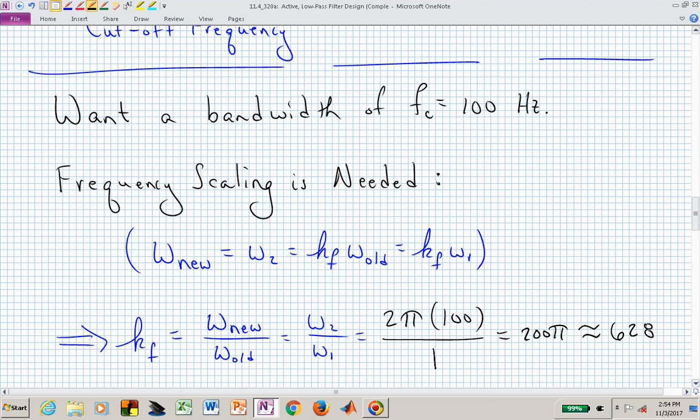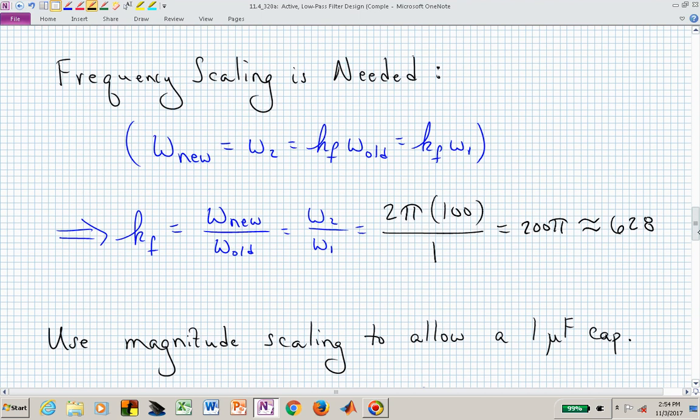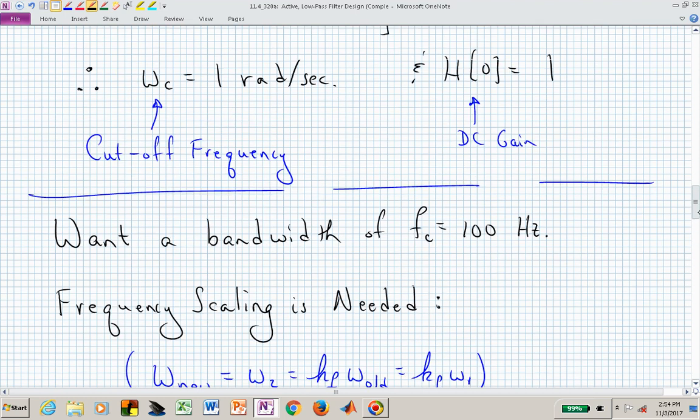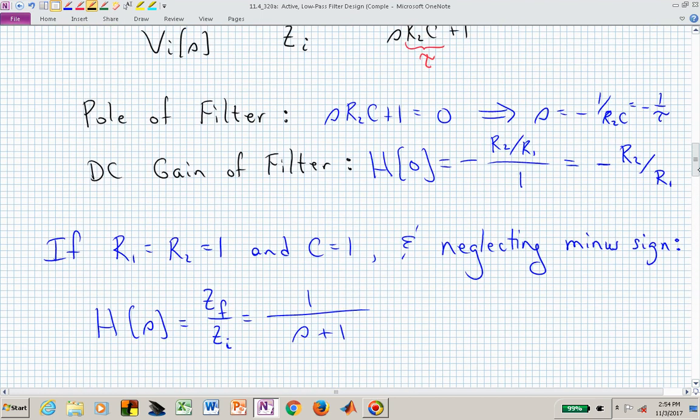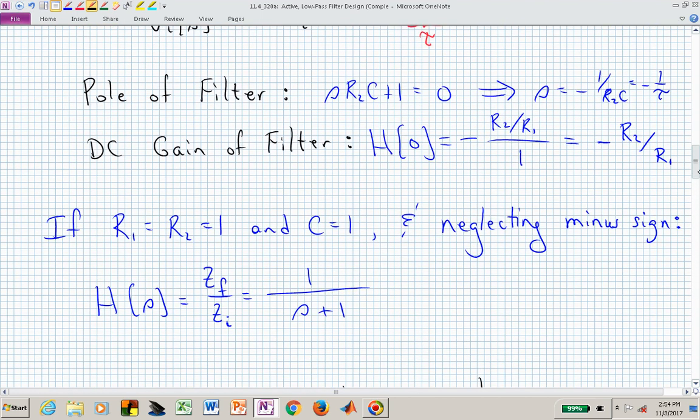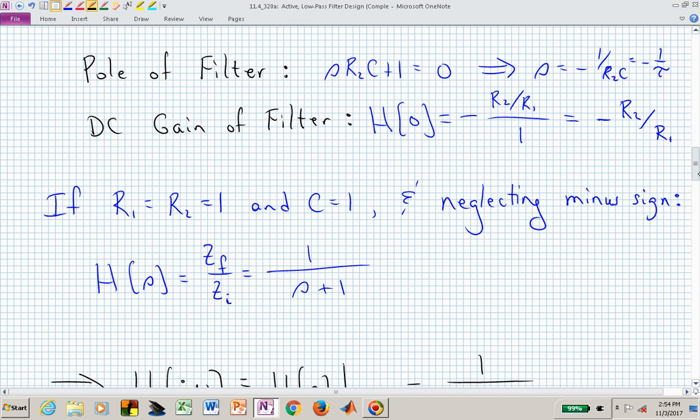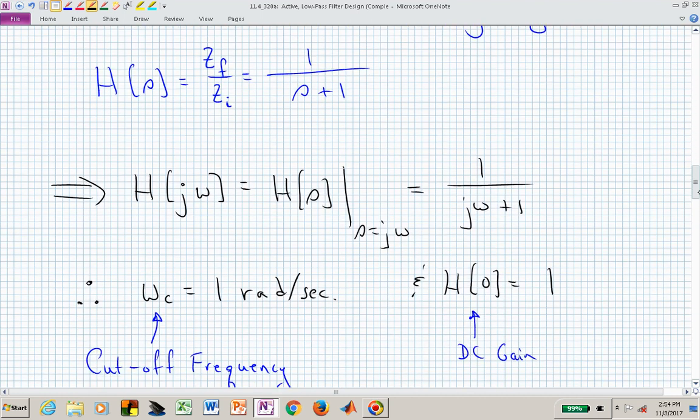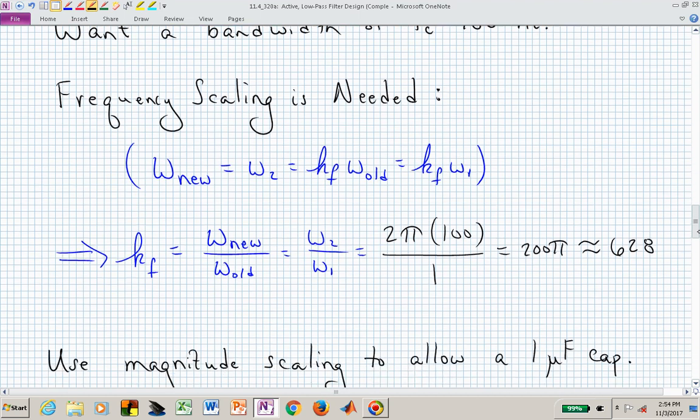So now we know k sub f, and we also know that we want a capacitor of 1 microfarad, and we now, in this particular circuit, have a capacitor of 1. So we know C sub 1, that's 1. We know C sub 2 is 1 microfarad.